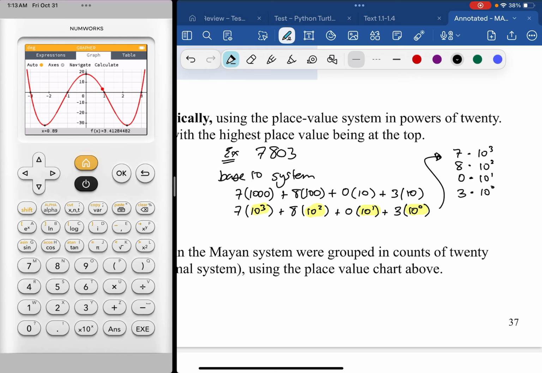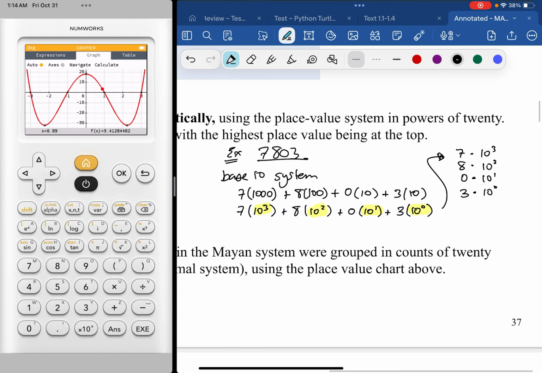And then if I knew that working from bottom to top is powers 0, 1, 2, and 3, I would just get rid of all this stuff and know that that would be the equivalent of 7,803. And if you think, who would ever think that way? Well, that's kind of what we do. We just know that this is 7,803 because there are four values and we read it from left to right.